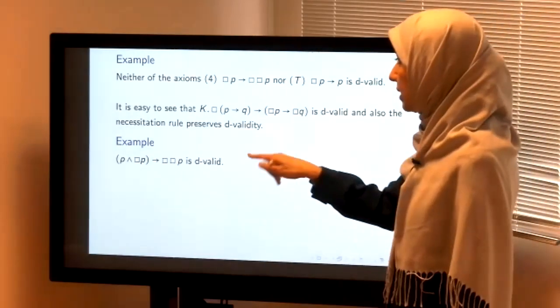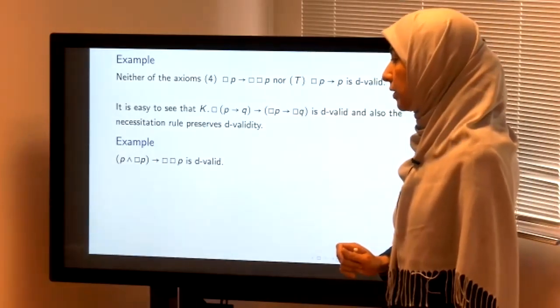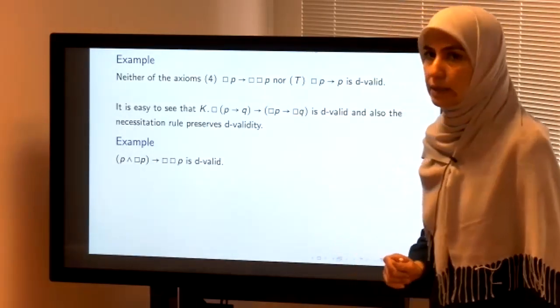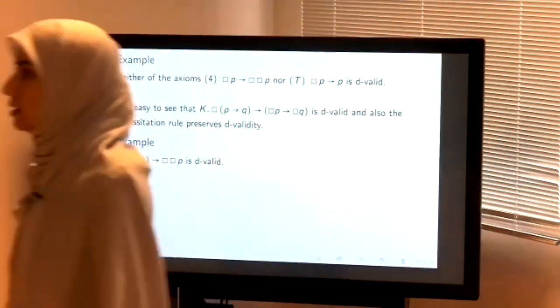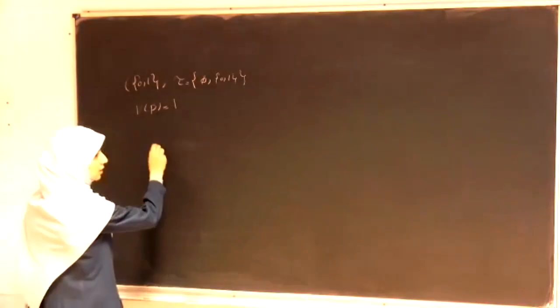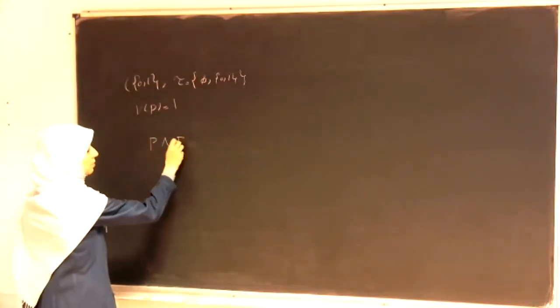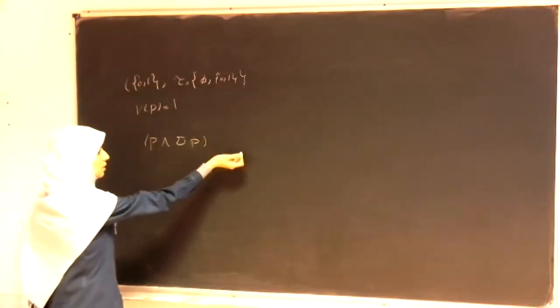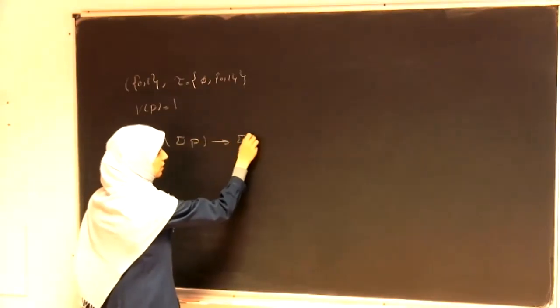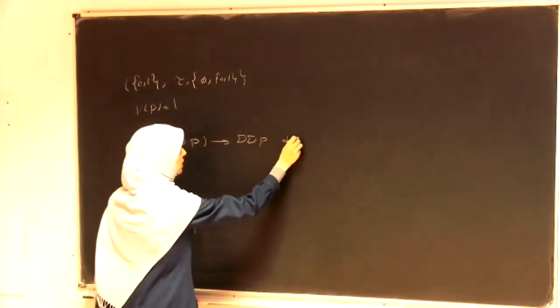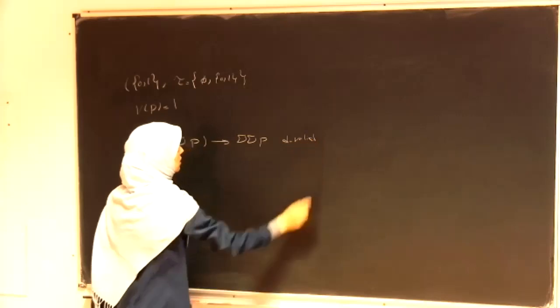Again, you can see that p and box of p, then box of p is d-valid. So how can we show that? We want to show that p and box of p, then box of p is d-valid.